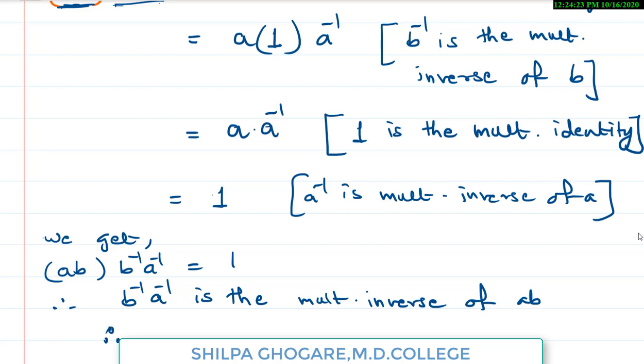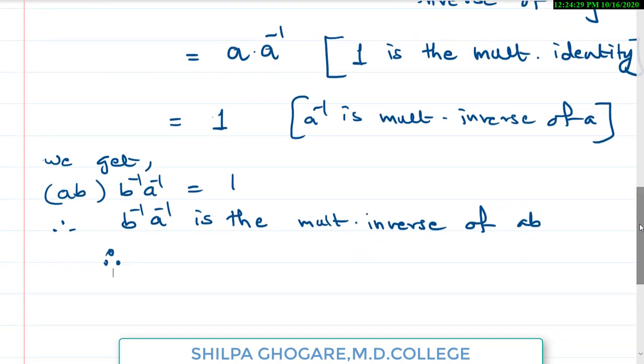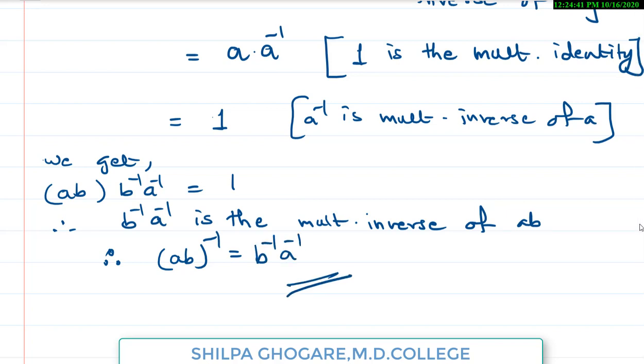Therefore, let me take the screen up. Therefore, (AB) inverse is equal to B inverse A inverse, and there the proof gets over. Okay, thank you.